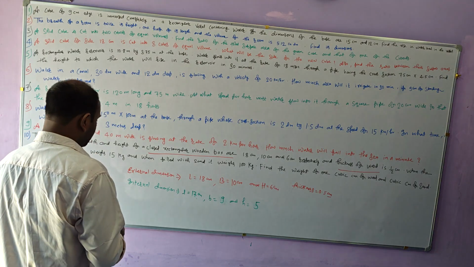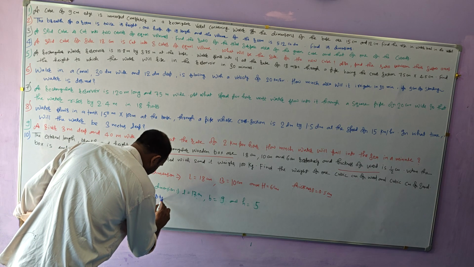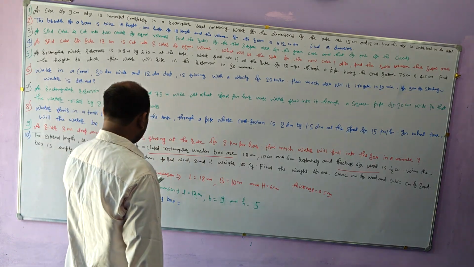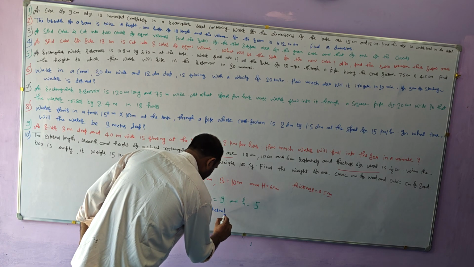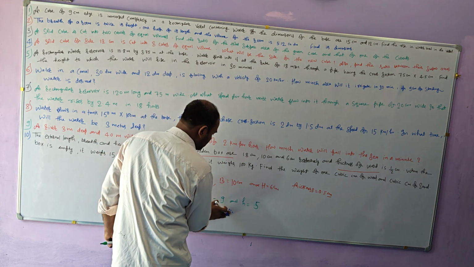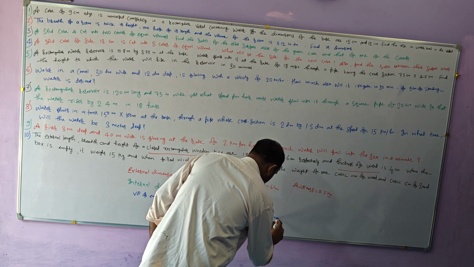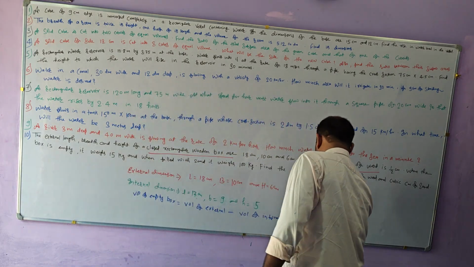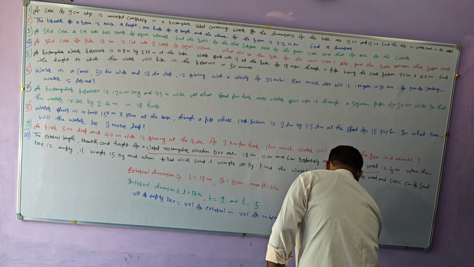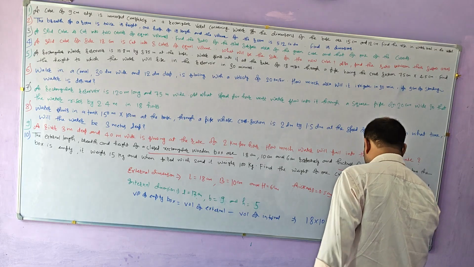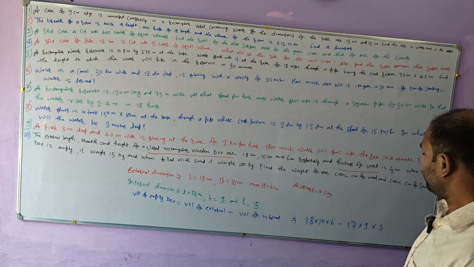The volume of the empty box is equal to the volume of the external dimension minus the volume of the internal. That is, the volume of external is 18 into 10 into 6 minus 17 into 9 into 5, which we need to find out.